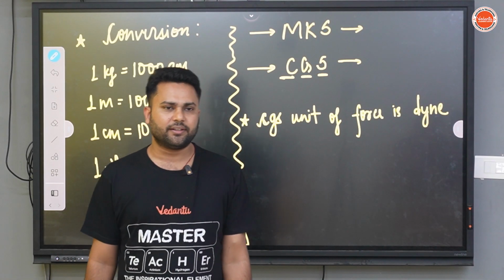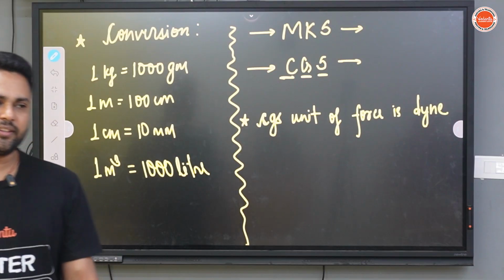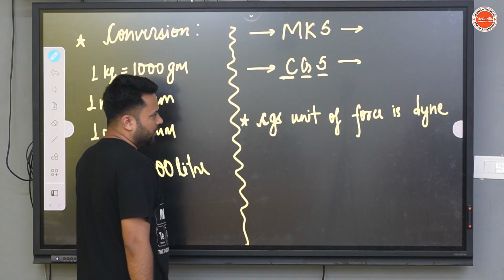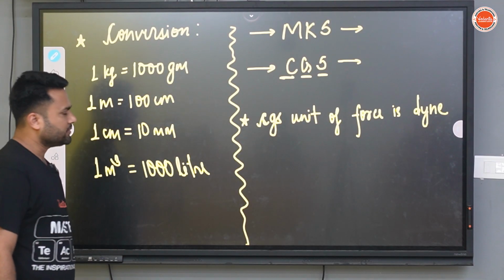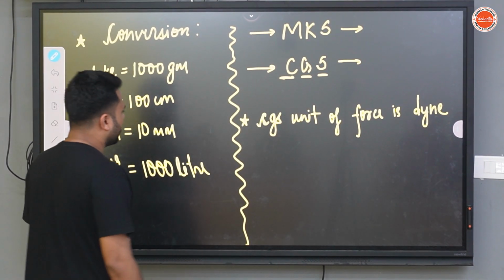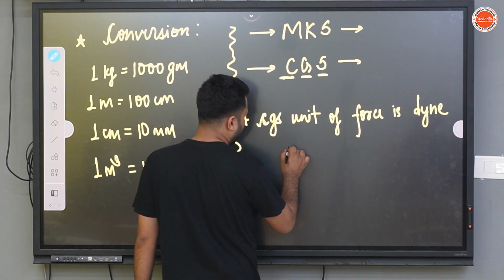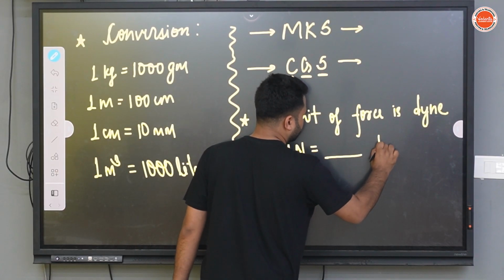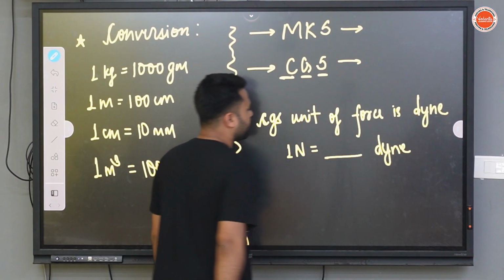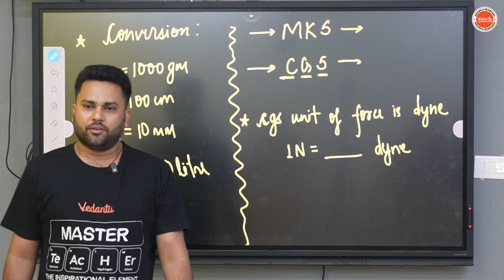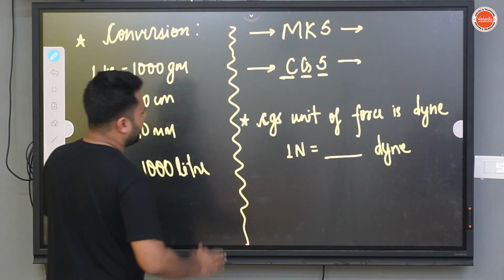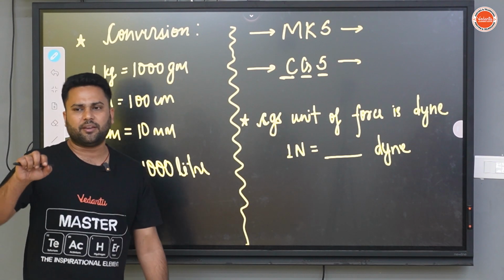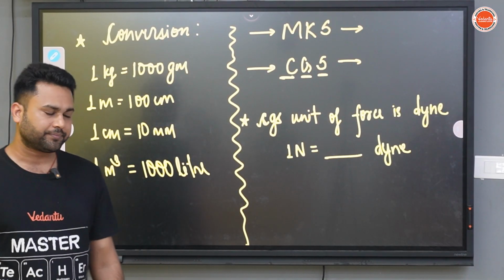Now see how I am going to do this example. They will ask, 1 Newton equals how much dyne? Suppose this is the question. You should remember the value also, but see how we are going to do it. Any kind of question you get from MKS to CGS, you will be able to solve.